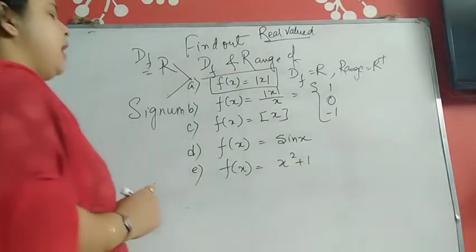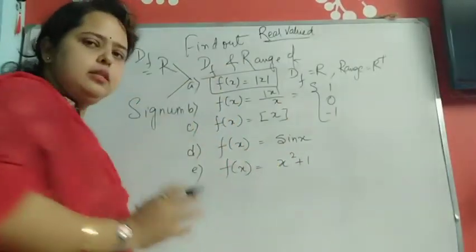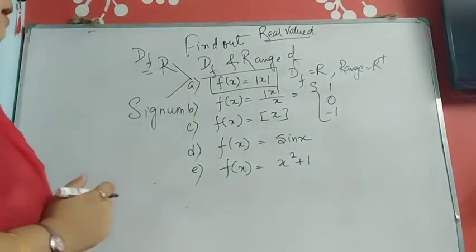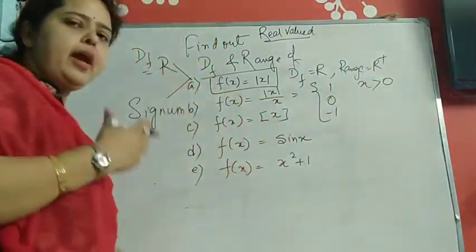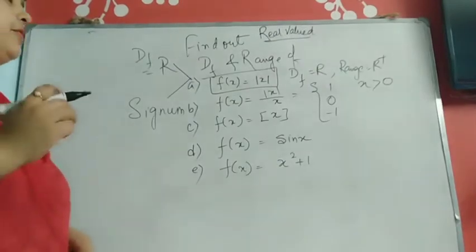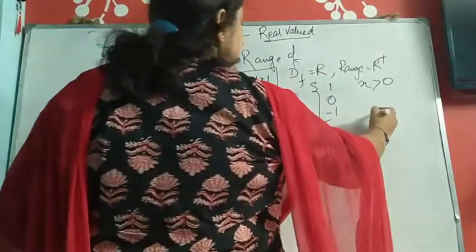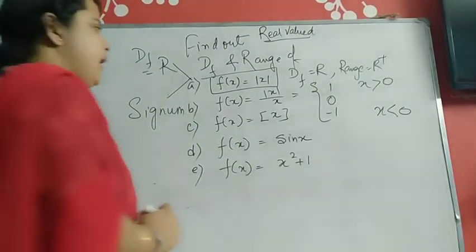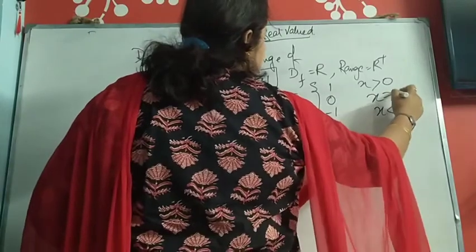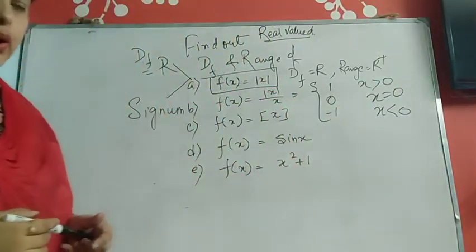The reason is that the mod function is there in the numerator. Whenever we are on the positive number line, x by x is 1. Whenever we are on the negative number line, it is minus x by x, that is minus 1. And the assigned value at x equals 0 is 0.